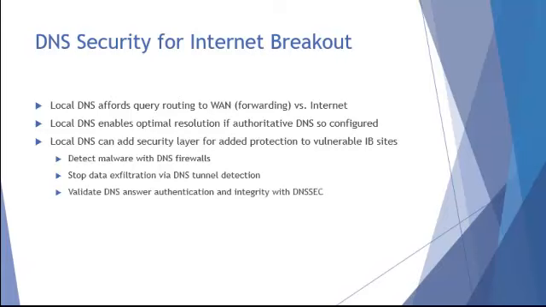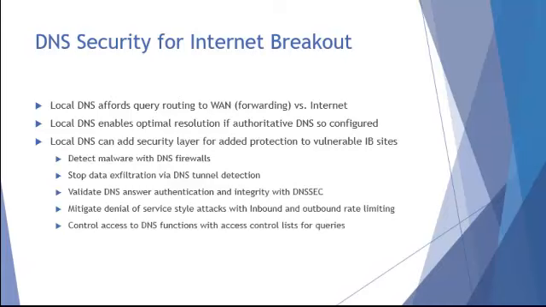It can also validate DNS answer authentication and integrity with DNSSEC, assuming the responses are signed with DNSSEC. It can also help to mitigate denial of service style attacks with inbound and outbound rate limiting so that you're reducing your impacts there. And also control access to DNS functions with access controls, whether on the DNS server itself or at the DNS application layer in terms of controls for various types of queries and so forth.